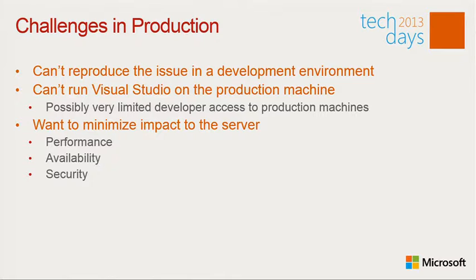So what we want is tools that make the right trade-offs for minimizing impact to the server in terms of the server's performance, its availability, as well as its security.